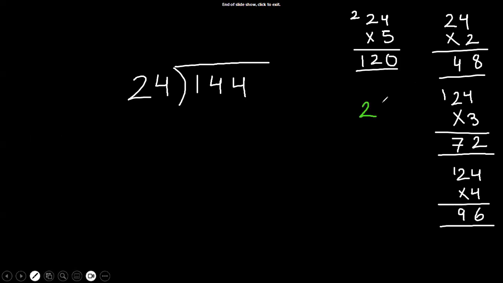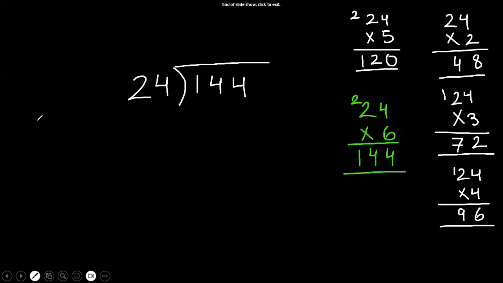So we have 24 multiplied by 6. 4 times 6 is 24. Put the 4 down, put the 2 above. 6 times 2 is 12, plus 2 is 14. So it's 144.